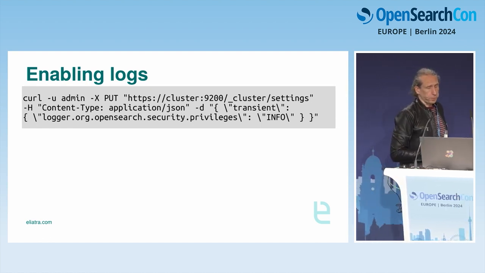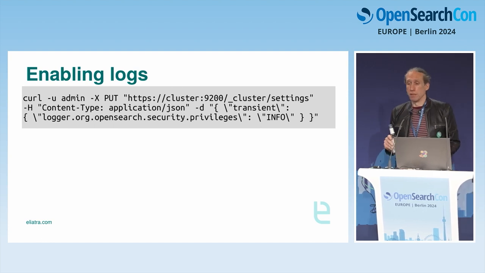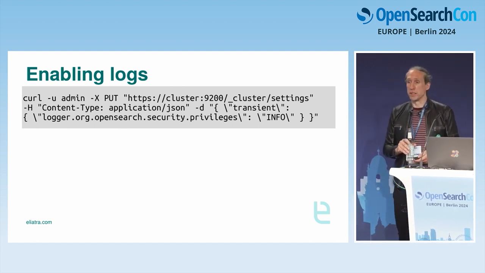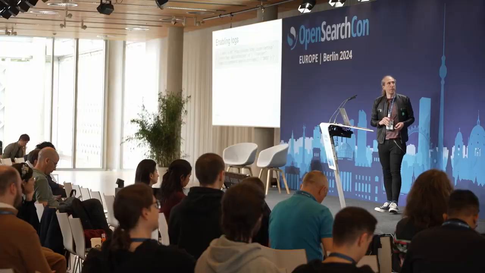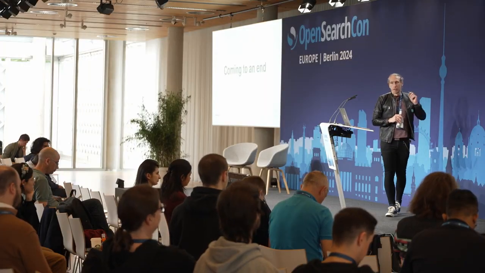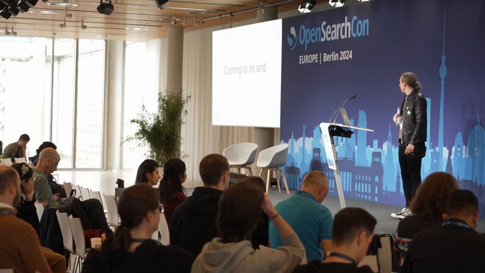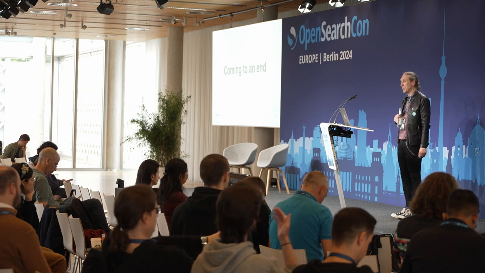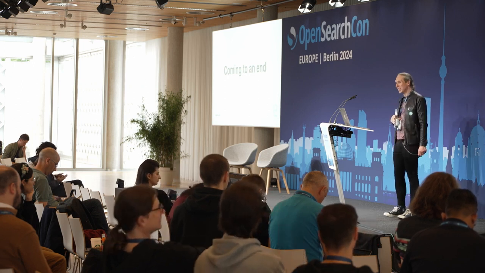And if you're really fancy, maybe create a Data Prepper integration on these particular logs and log all your error messages to a separate logging cluster and have a great dashboards integration to manage all your privilege issues. But yeah, that was quite a rush. Let's come to an end here.